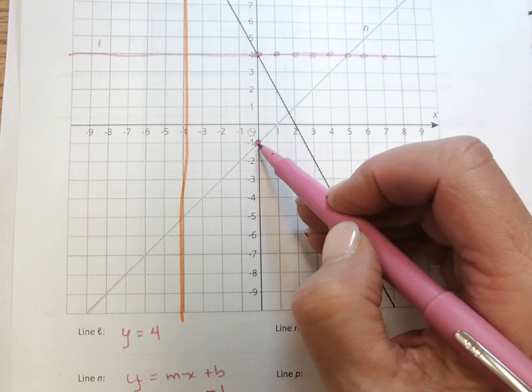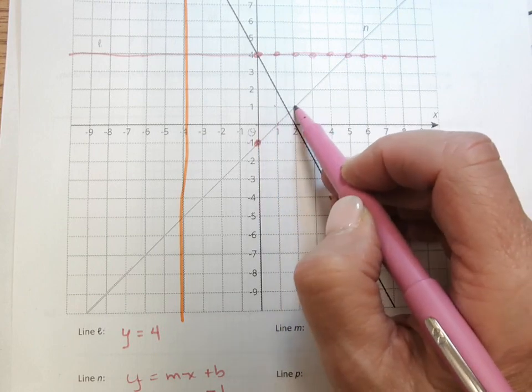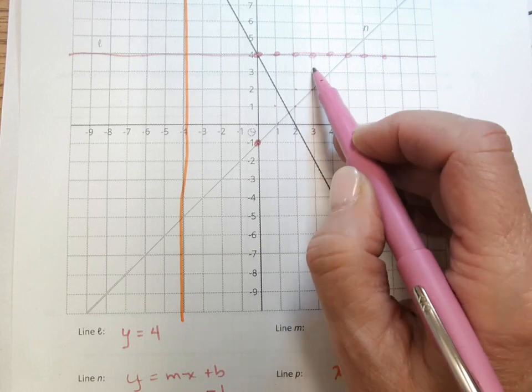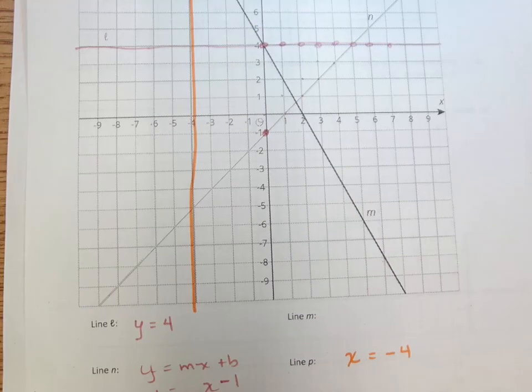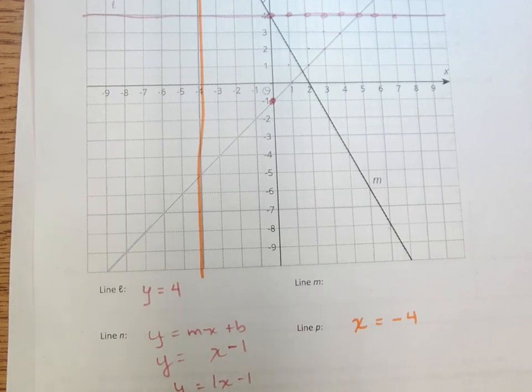So if I go from negative 1, I'm going to go up 1, over 1, up 1, over 1, up 1, over 1, up 1, over 1. It looks like my slope is 1, so y equals x minus 1, or y equals 1x minus 1. That's the equation for my N line.